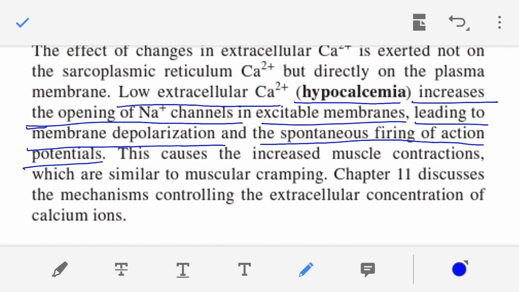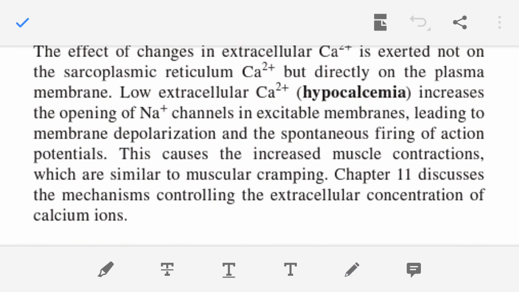That means the nerve impulse is generated continuously and very quickly, which increases the contraction of skeletal muscle, and these effects are similar to muscular cramping.